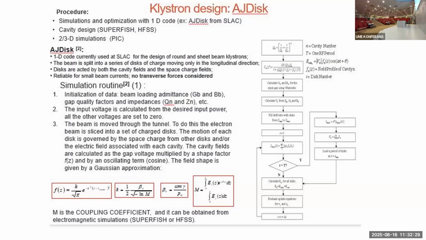Disc comes from making slices, one slice solved, next slice solved, and so on. The name comes from the disc or slices. That's the main feature of the AJ Disk, and it's a very old software, but still working nicely.